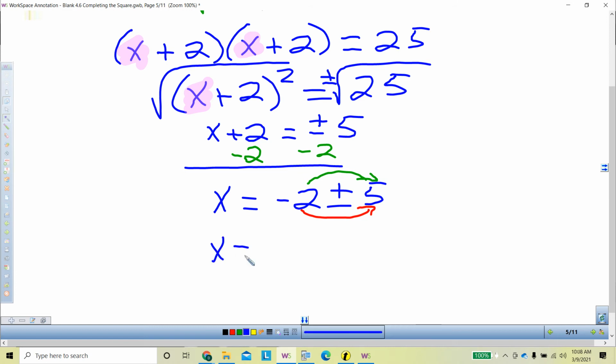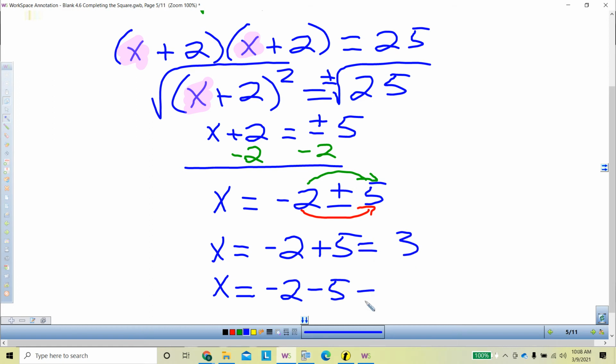If you instead want to write out these two steps, you don't have to, but if it's going to help you get a problem right, don't be lazy, just write it out. And your answer is 3 and negative 7. If you subtract the 2 from the 5, you only have one of the 2 correct answers. One of your answers would be wrong, one would be right.